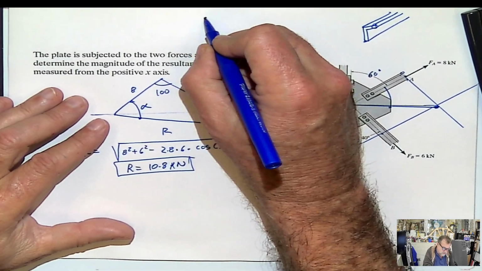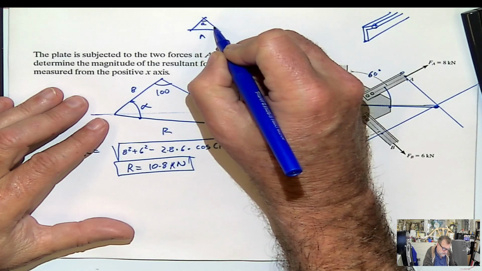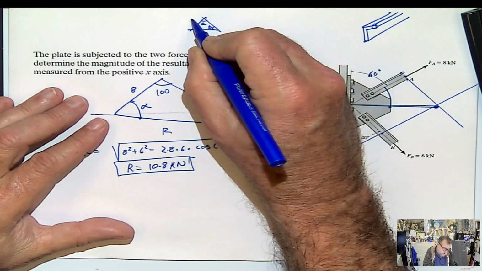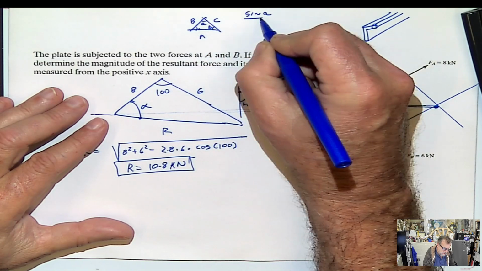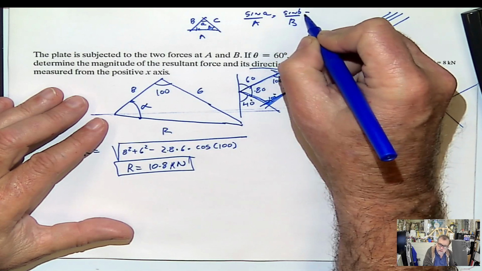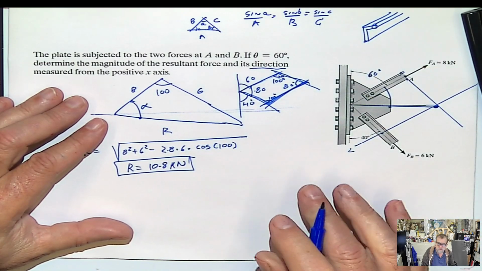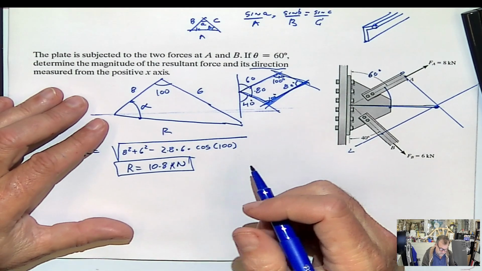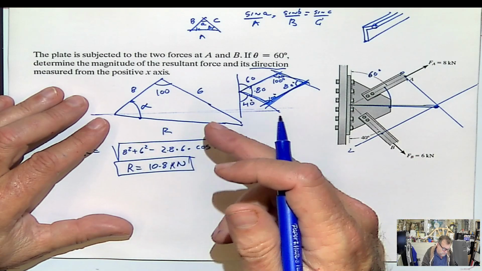Remember law of sines? Once again, I'm sorry, I'm OCD. Sine of A over A equals sine of B over B equals sine of C over C. I'm going to keep repeating it until it becomes first nature to you. Now what do we do?